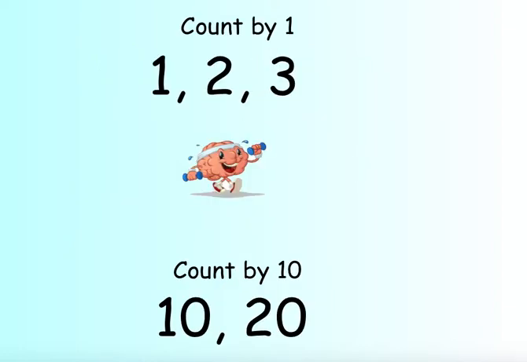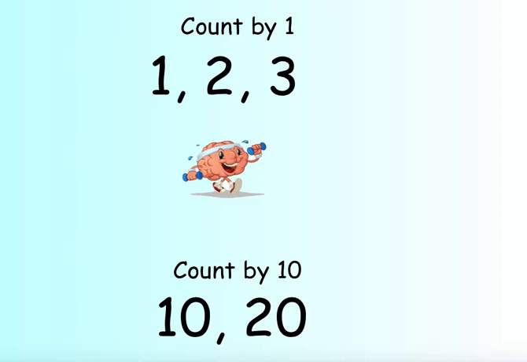So let's warm up our numbers. We're going to count by ones and then by tens. Let's count by ones all the way up to 18. 1, 2, 3. Keep going without me. Okay, and now let's count by tens.